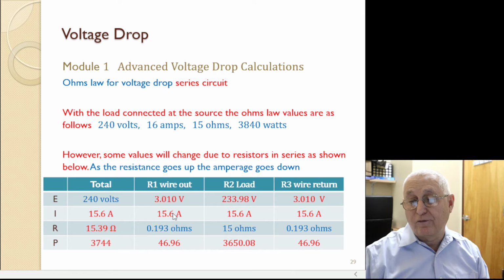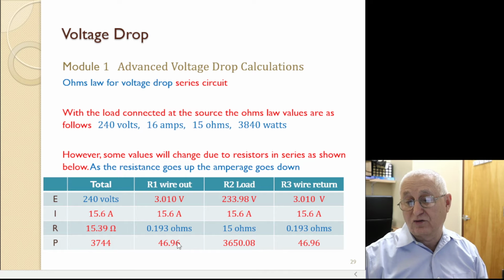Here we have 15.6 times 3.010 volts, 46.96 watts. Here we have 15.6 times 233.98 volts, and we get 3,650 watts, and again 46.96 watts here, equal to there.